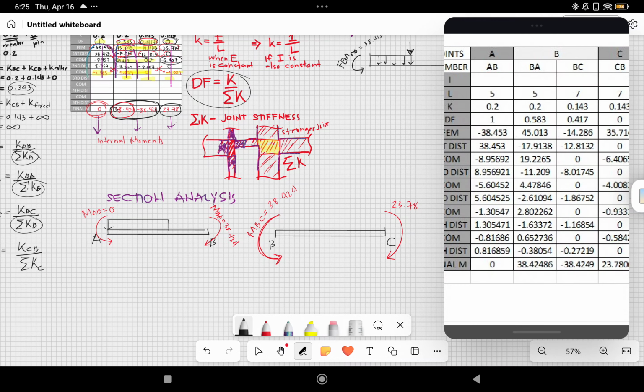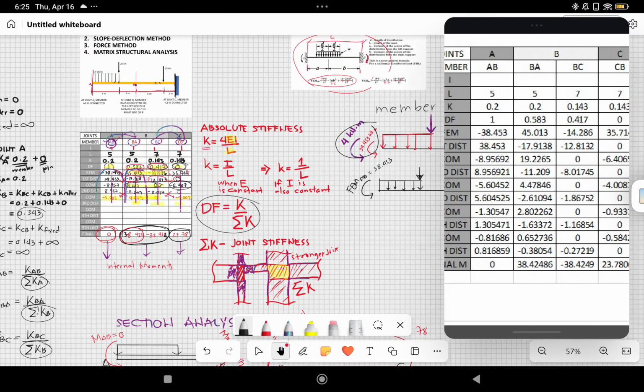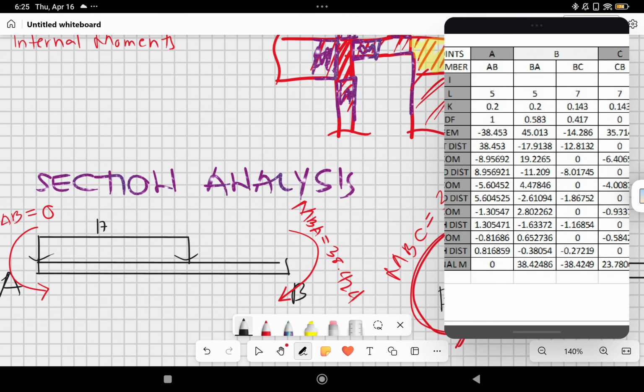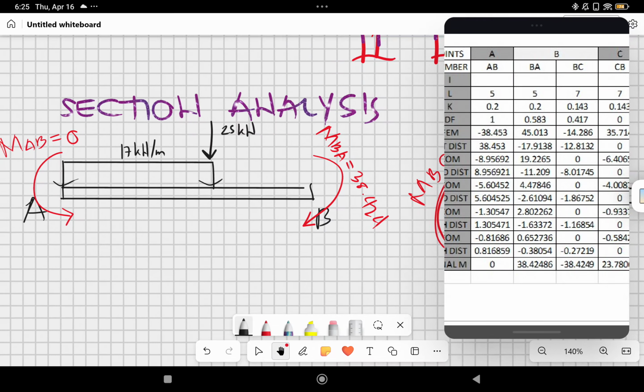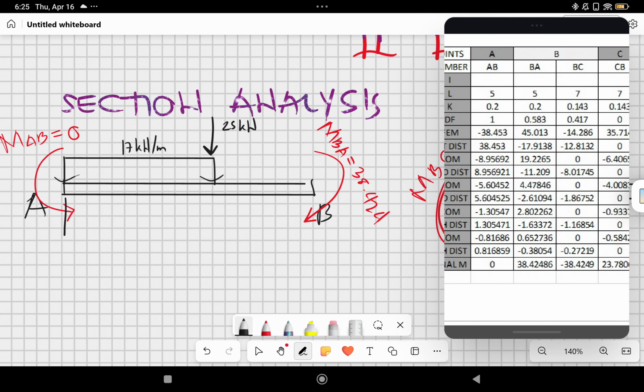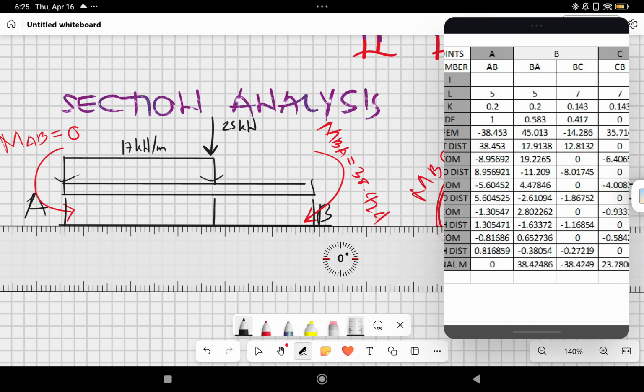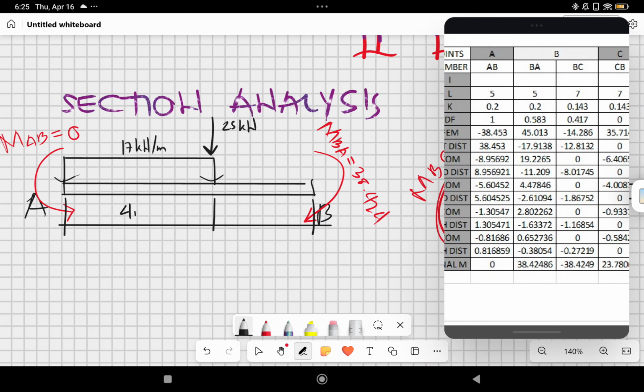So merong distributed load equals to 17 kilonewton per meter, and then merong concentrated force na 25 kilonewton. This has a length of 4 and then 1. Four meters, 1 meter.